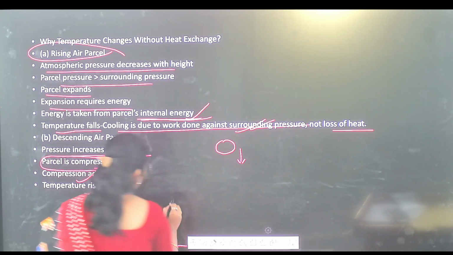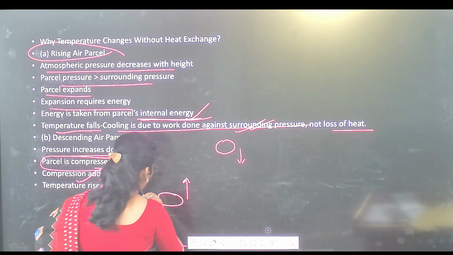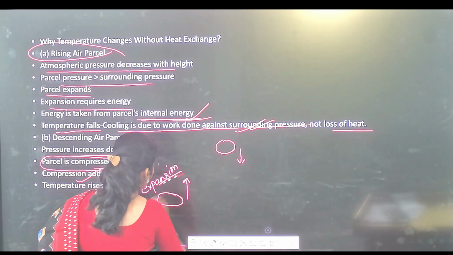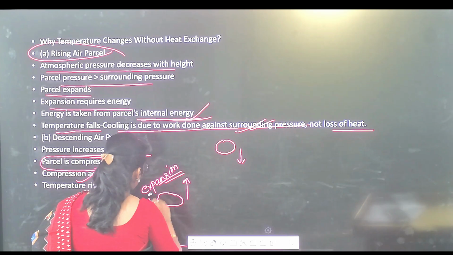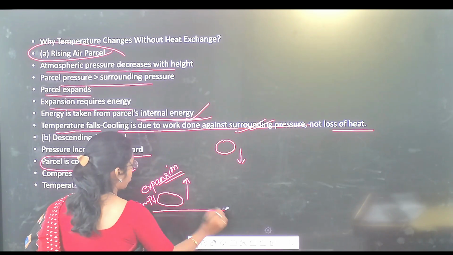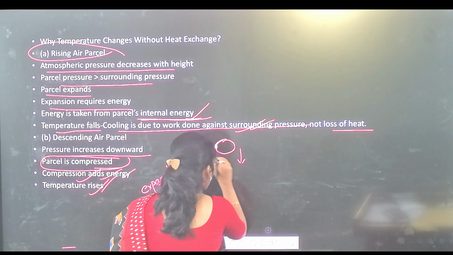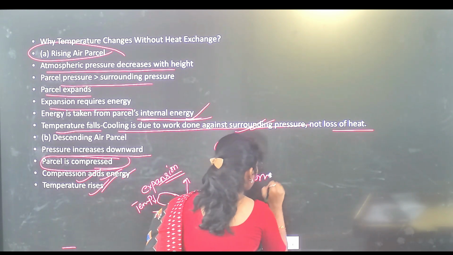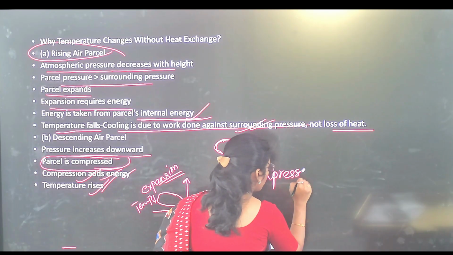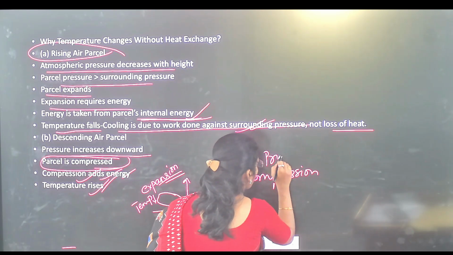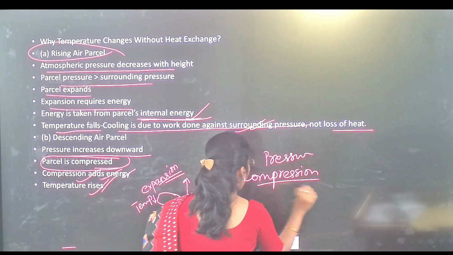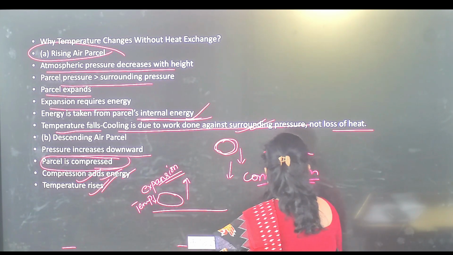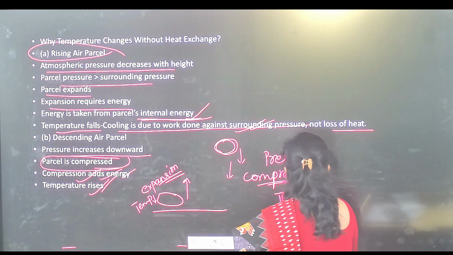Simple, what you have to remember: when an air parcel moves upwards, because of expansion, temperature decreases as it moves from the surface. When this air parcel descends, because of high pressure you will see compression, and because of this compression, temperature rises.